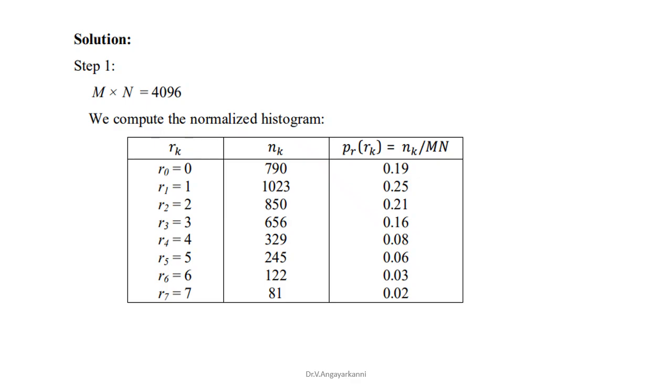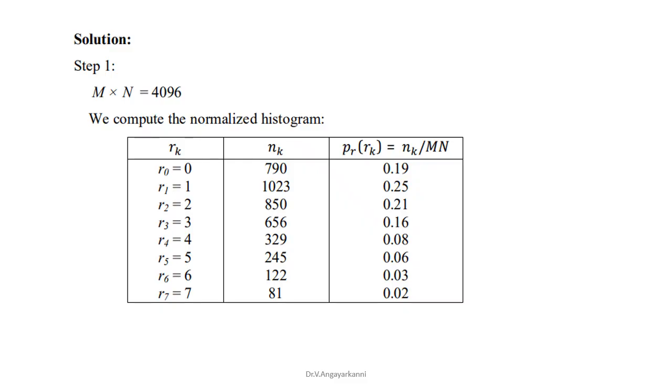First we calculate the size of the image. It is m into n, that is 64 multiplied by 64, which is equal to 4096. And we compute the normalized histogram.